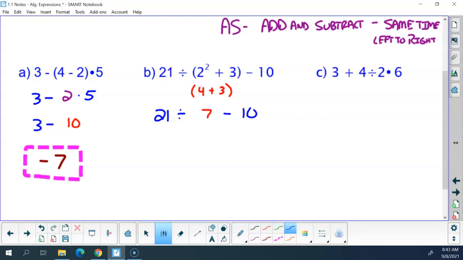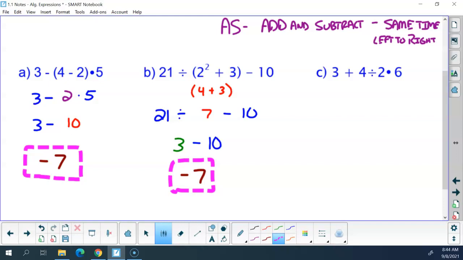Now we've done parentheses. There are no exponents left over. Multiply and divide. 21 divided by 7 is 3. Then minus 10. This one I also get negative 7. Do we agree? Okay.